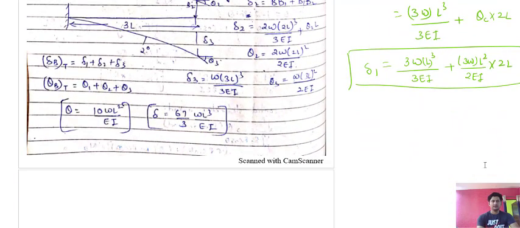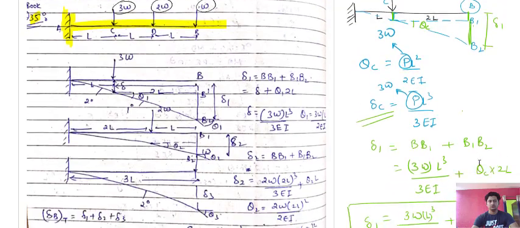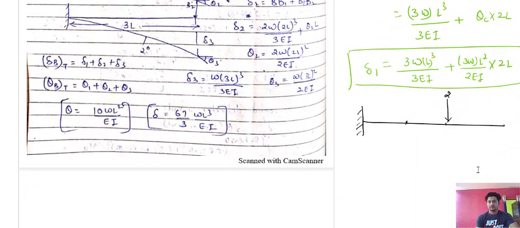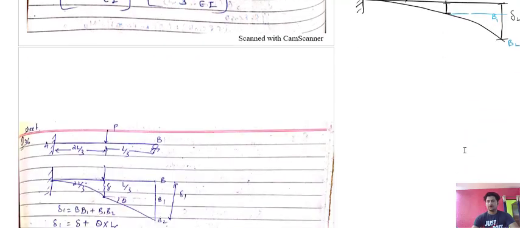Now we will be taking the other case in which the cantilever beam is this, and now this is till L, and at this point here we have applied the load of 2W, 2 times W. So with this the deflection will be this, and similarly you will be calculating the value of delta 2.